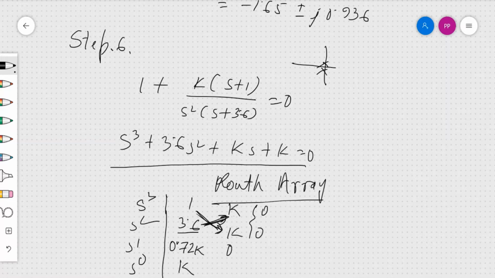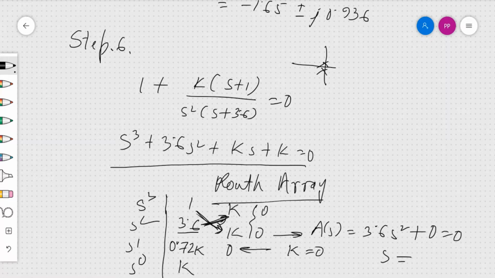So for getting the auxiliary equation, this part should be all 0. So I am trying to see k equal to 0, so that this gives the auxiliary equation A equal to 3.6 s square plus k. Here k equal to 0, therefore s equal to 0.